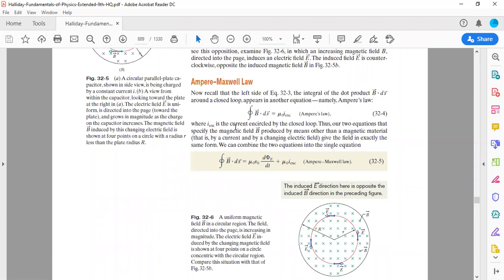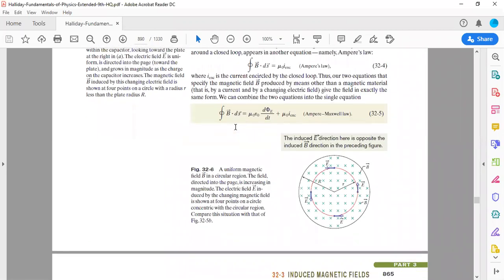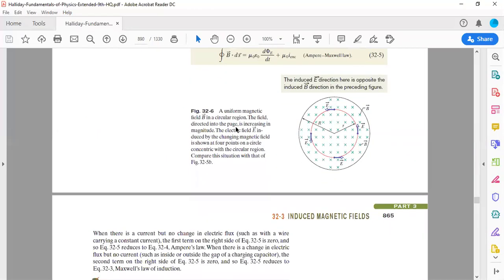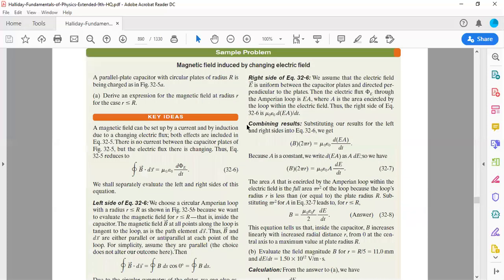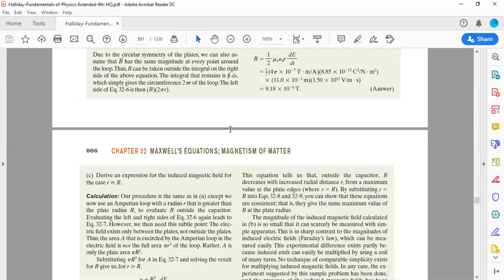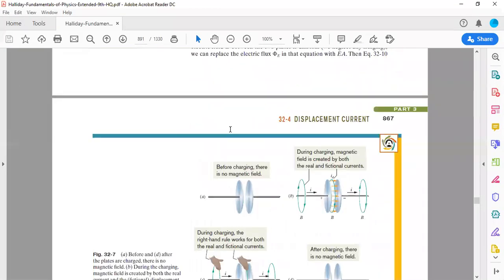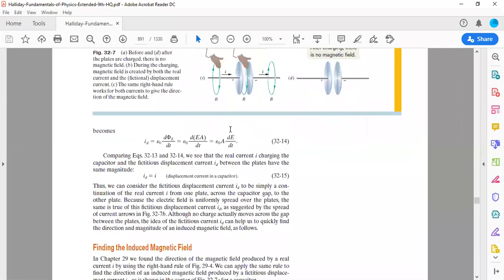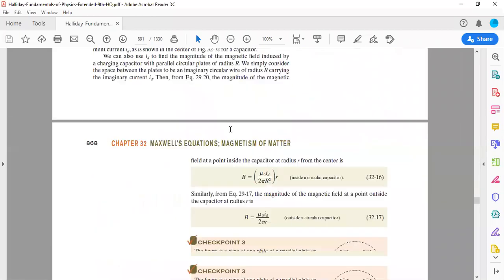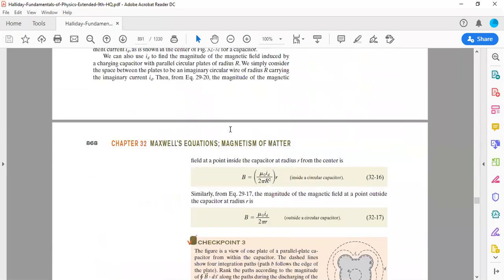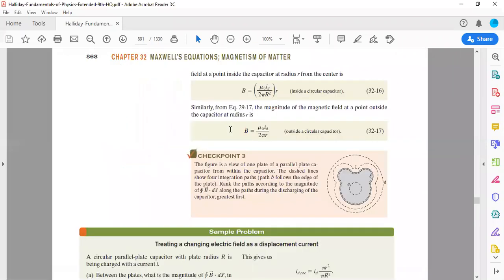And then Ampere-Maxwell's law, which introduced the term of displacement current. I hope all of you have gone through those topics. What is meant by displacement current? And then how to find the induced magnetic field.